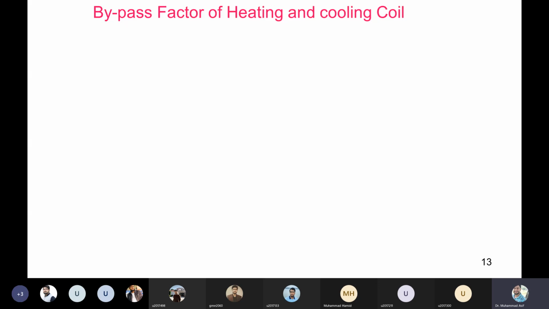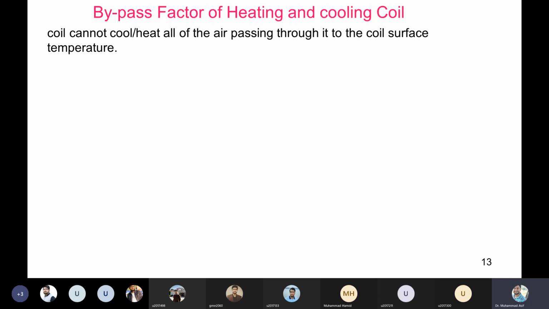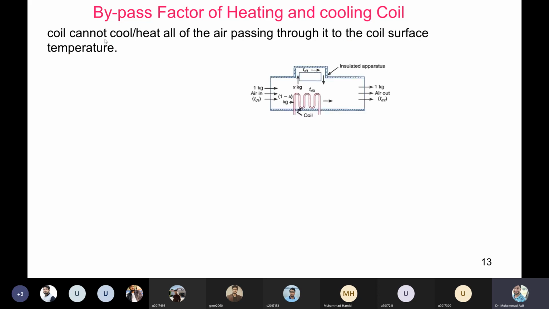Now the next one is the bypass factor of the heating and cooling coil. Bypass factor means that the coil, whether it is a heating coil or a cooling coil, cannot heat or cool all of the air passing through it to the coil surface temperature. Let's see this figure.